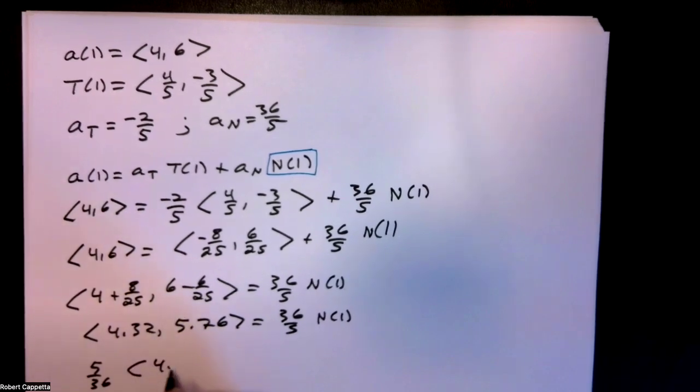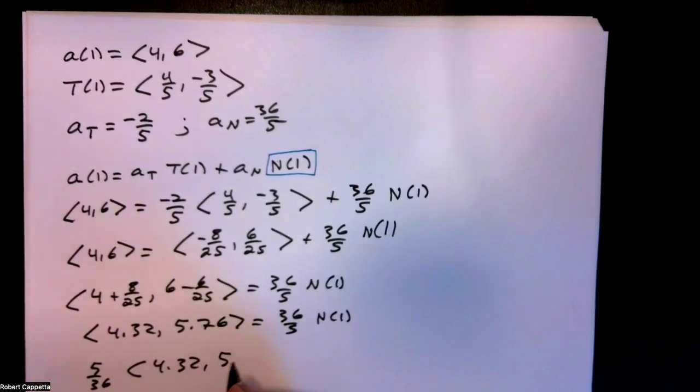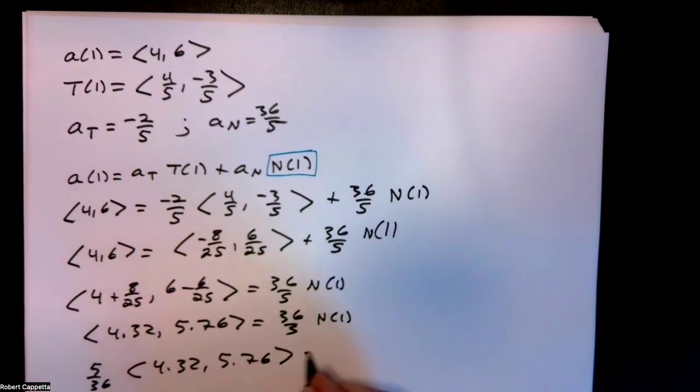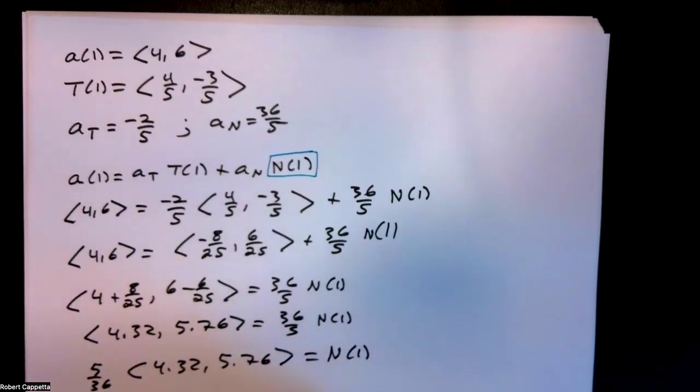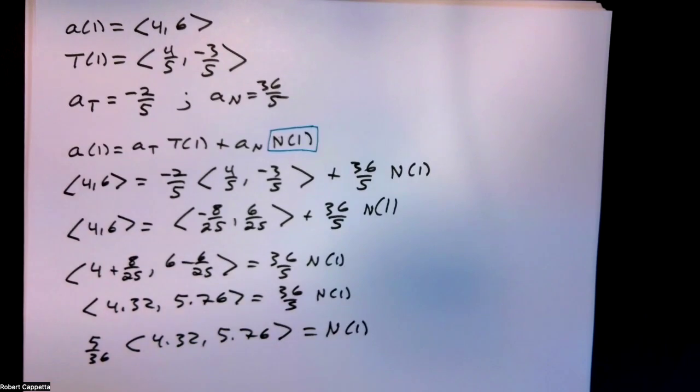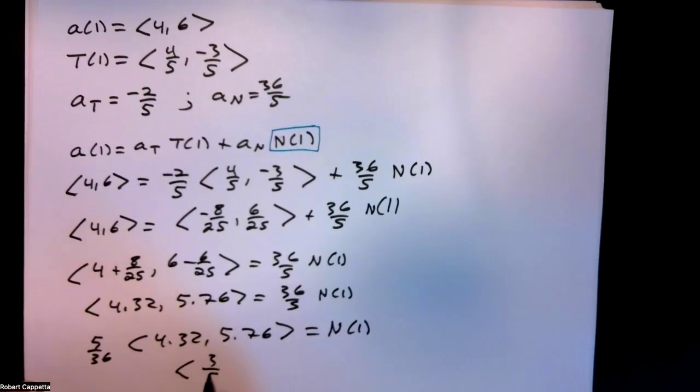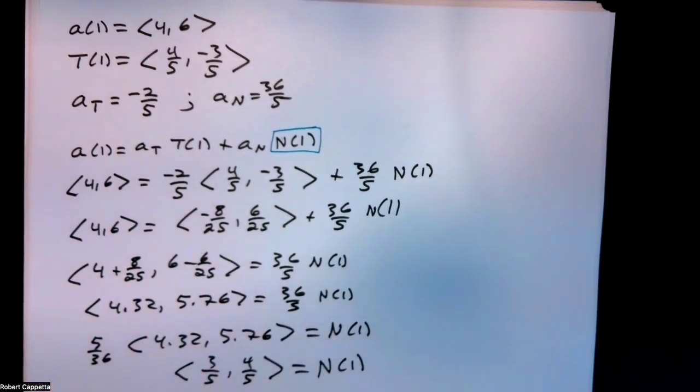So 5/36 times 4.32, 5.76 equals N of 1. Now what does that become? That becomes 3/5, 4/5. Is that what we expected to get with our usual shortcut?